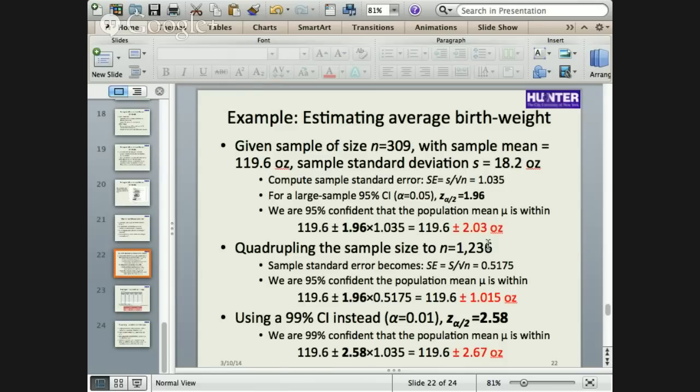So your margin of error gets cut in half. And then what happens when you calculate a 99% confidence interval? You use a different value looked up from the z table, and you get a larger value than you did with the 95% one.